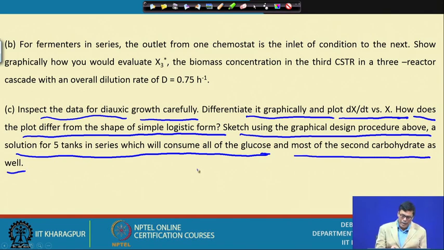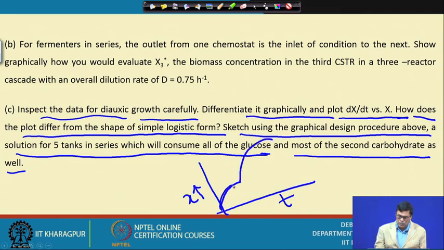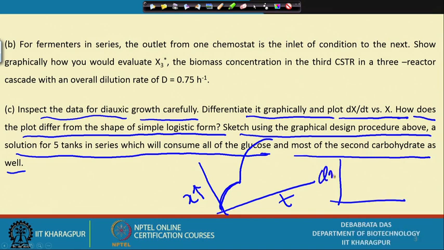So we know that diauxic growth means what? If you have the cell mass concentration with respect to time, it goes like this, and unless the first carbon source is totally exhausted, the second carbon source will not be utilized. The nature of diauxic growth is like this. So during this diauxic growth, what will be the nature of the graph if we plot dx by dt versus x?